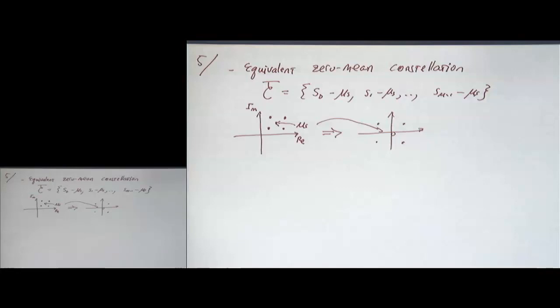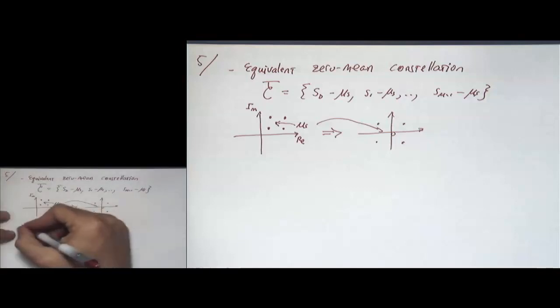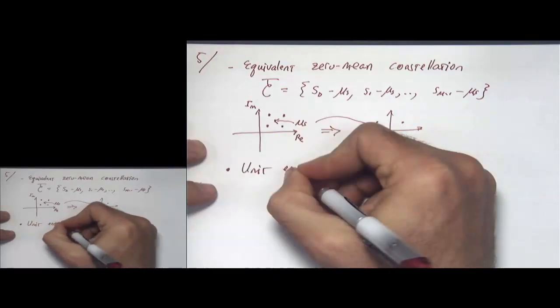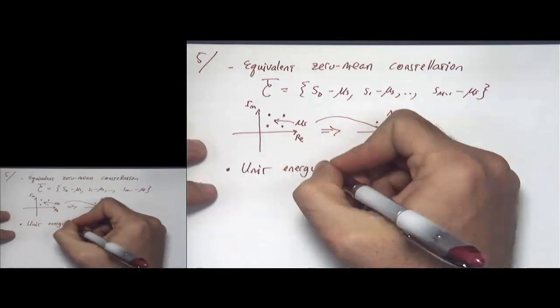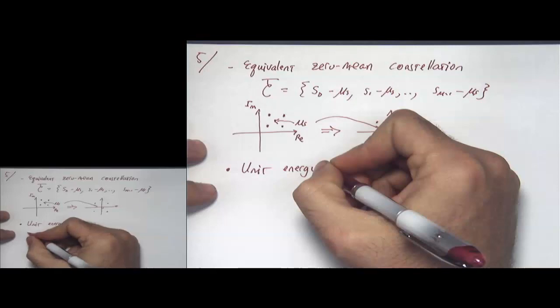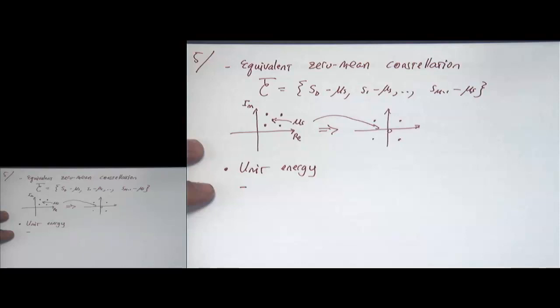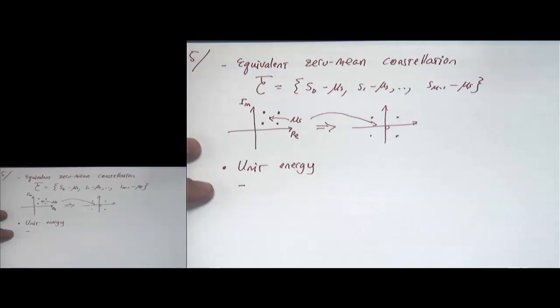All right, so let's talk unit energy now. So unit energy, now this assumption is used for several reasons. So one, it's used in the performance analysis so that we can separate out the effects of the transmit power from other features in the DSP.